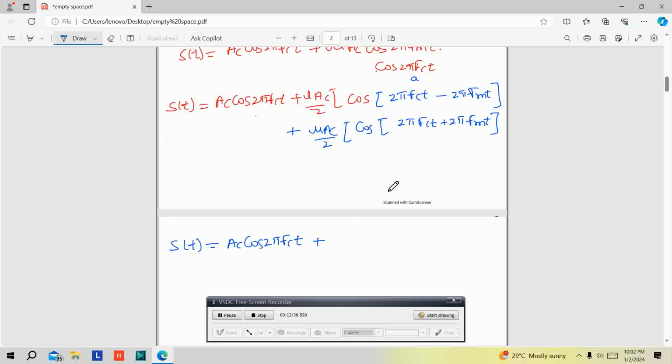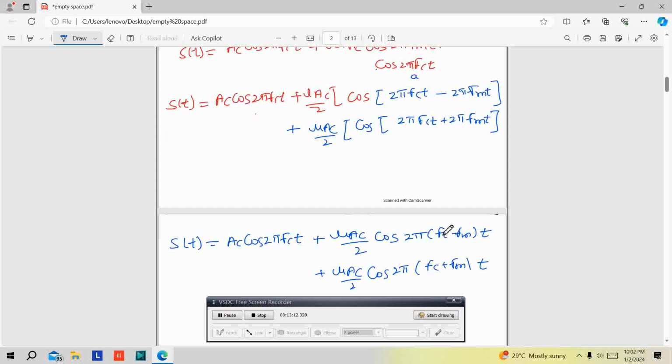Mu AC by 2 into cos of, this equation can be rearranged, cos of 2 pi (fc minus fm) t plus mu AC by 2 into cos of 2 pi (fc plus fm) t, because it is very simple. Cos 2 pi t is common, take it outside, fc plus fm, correct?